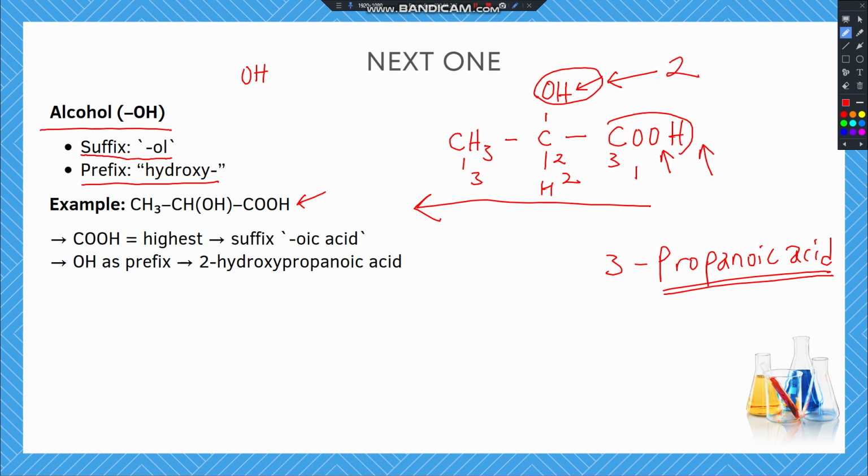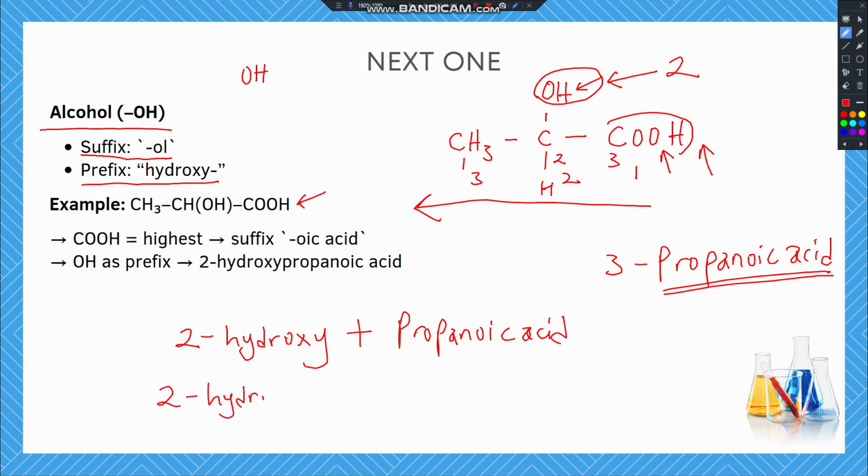So the prefix now becomes 2-hydroxy plus propanoic acid. So the complete name now becomes 2-hydroxypropanoic acid.